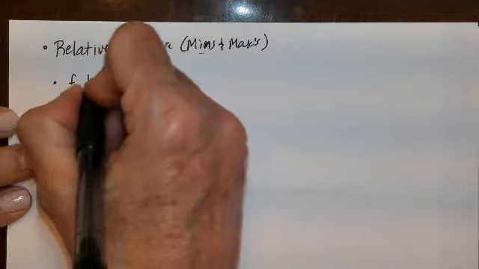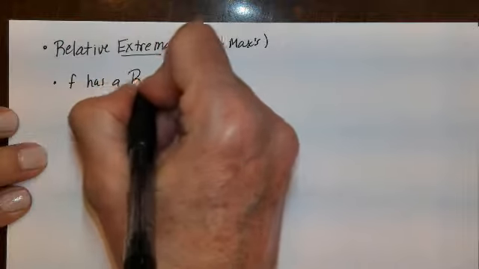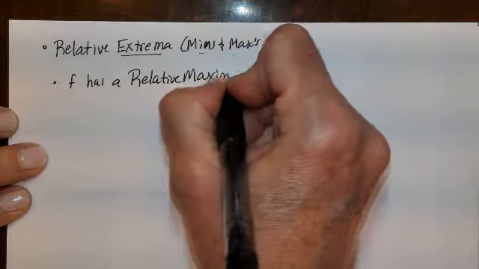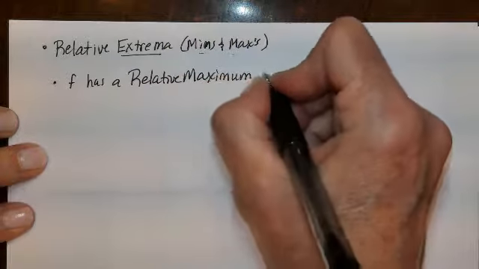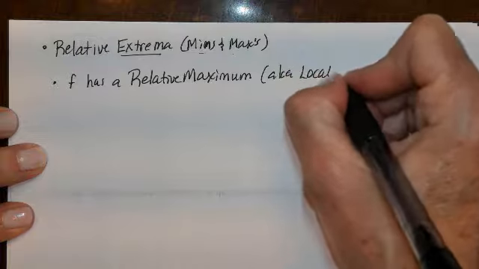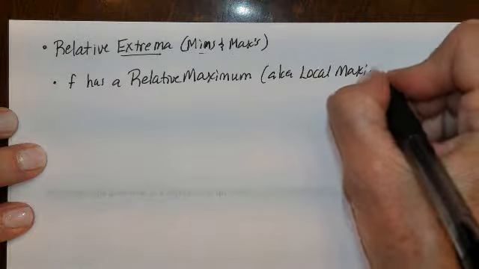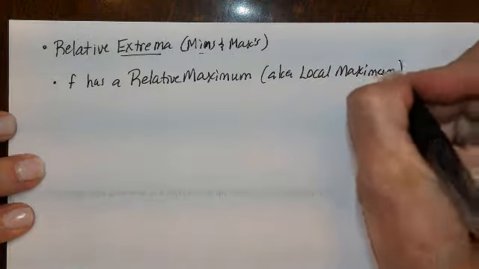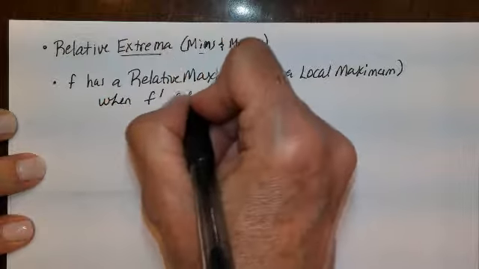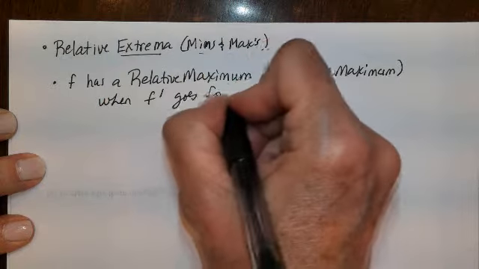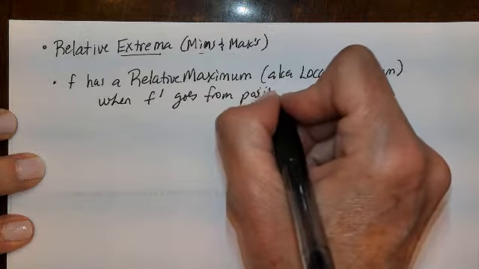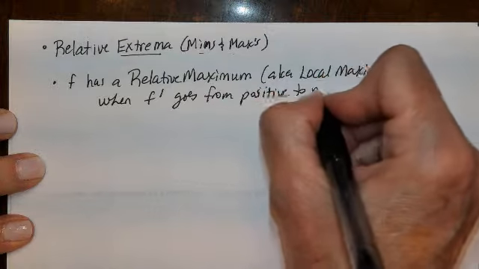Let's say that f has a relative maximum, also known as a local maximum, when f prime goes from positive to negative.